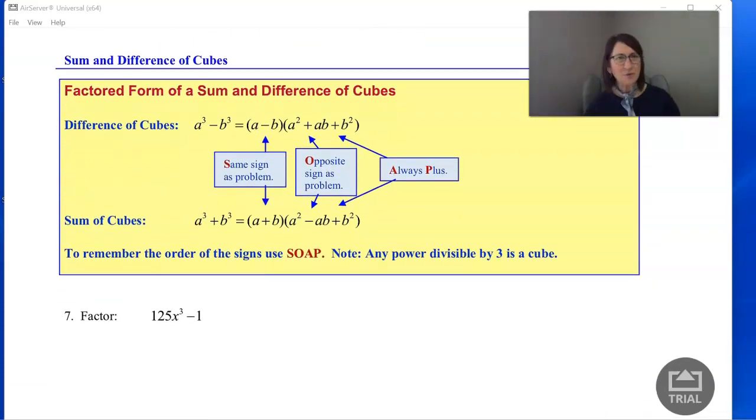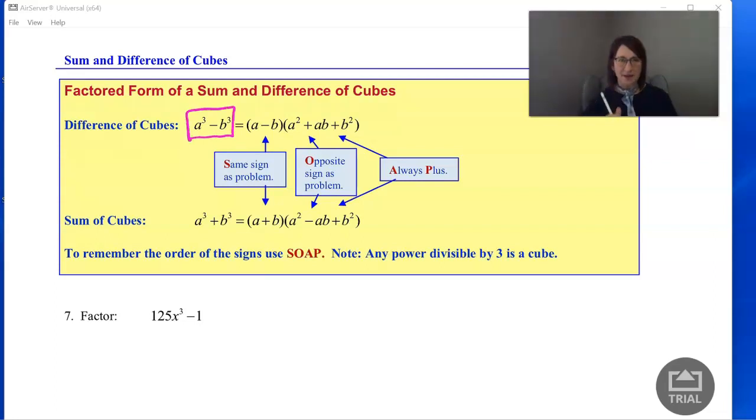We've just been dealing with squares. Now we are going to look at both the sum and the difference of cubes. Okay, so we're going to start here with the difference of cubes.